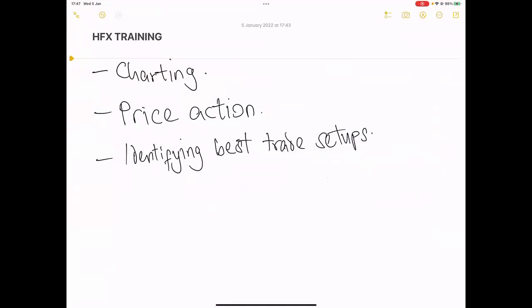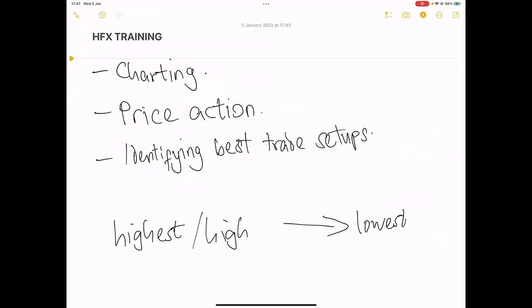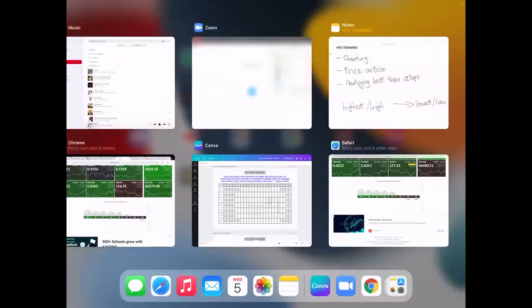It is always the highest or the high versus the lowest or the low. Whether it's currency strength or relative performance, it is always high versus low.